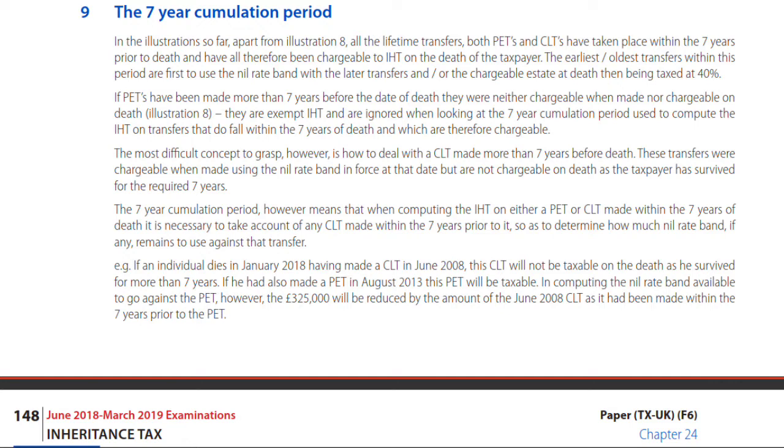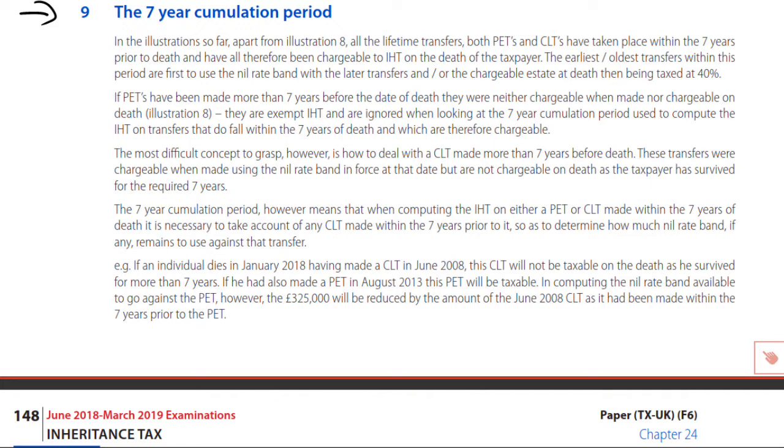And what we've seen is that the last computational bit of this chapter that we have to deal with is this 7-year accumulation period. In lifetime, the only tax that may become payable is on CLTs, those are the lifetime transfers chargeable when made. But you can't just look at one CLT in isolation.